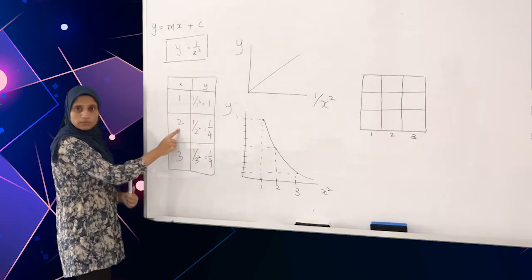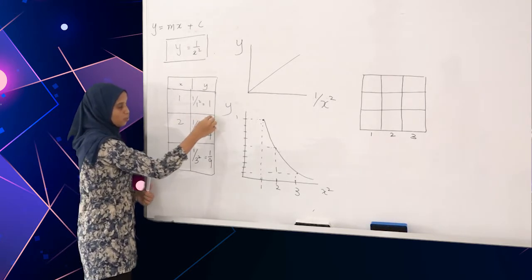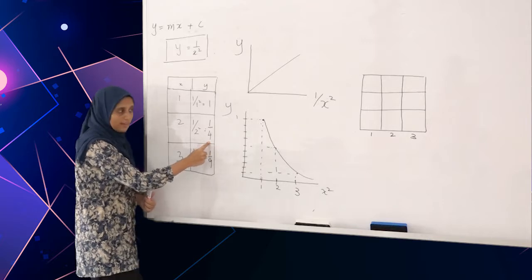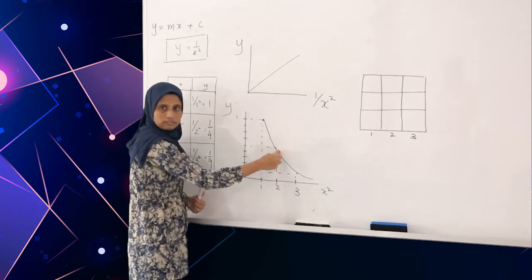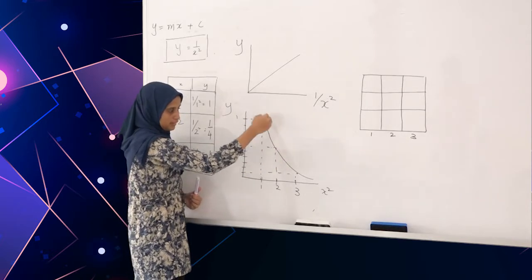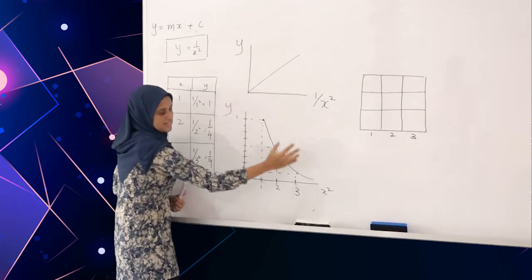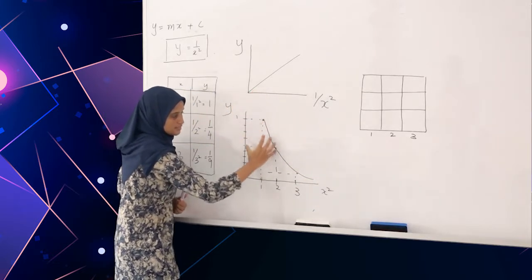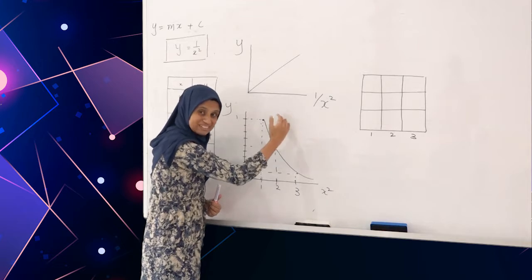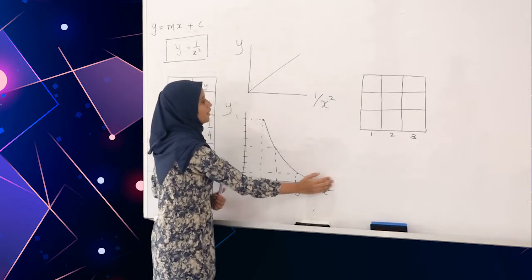When x is equal to 2, you will get y to be equal to 1 by 4, and you will see a dropped gradient. So if you draw a y against x graph, this is the shape of the graph. You will get a curved shape for the graph.